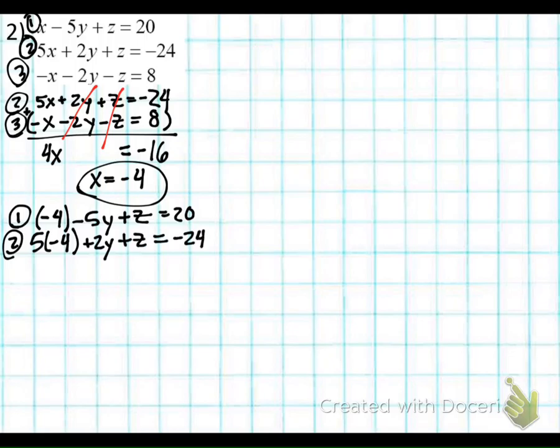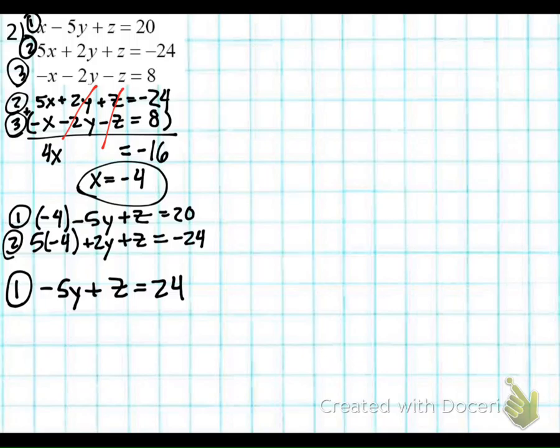Okay, so that's what I get when I plug in negative 4. Then simplifying equation 1, I have negative 5y plus z, and then I'm adding that 4 to the other side to get equals 24.